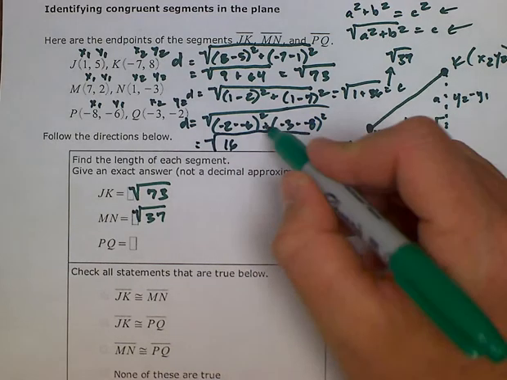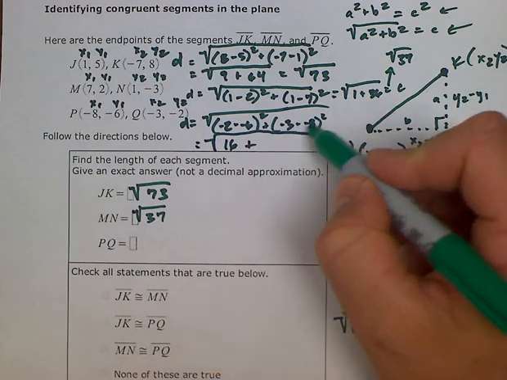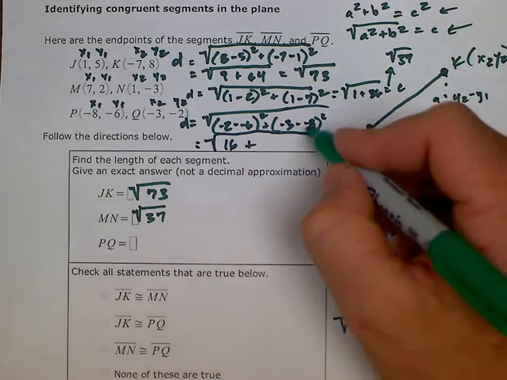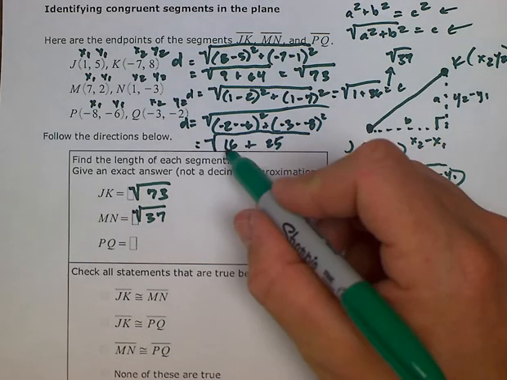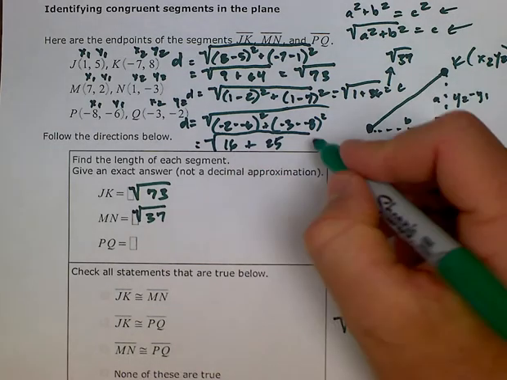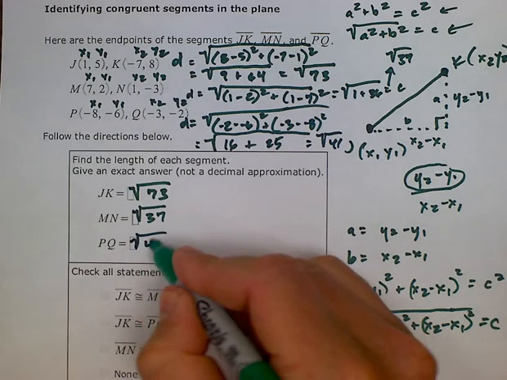And that is added to negative 3 minus a negative, so this would be plus. Negative 3 plus 8 is a positive 5. Squared is 25. When you add these together, 25 and 16 is equal to 41. So here we have the length is square root of 41.